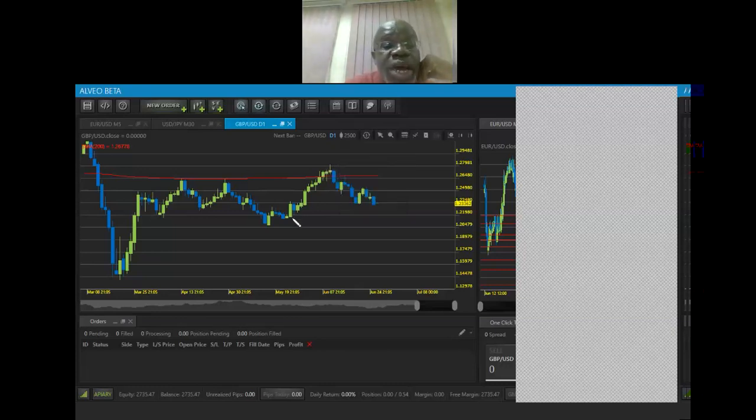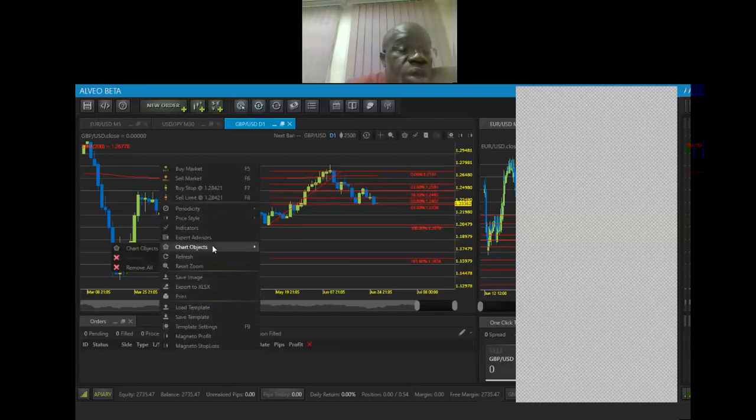I'll try and change the color of this tool, but let me see first. So you go to the last low and you draw a straight line. You see the tool expanding to the last body high there. All right, I'll have to change the color on this so that you can see something.